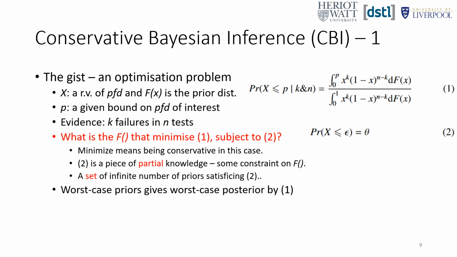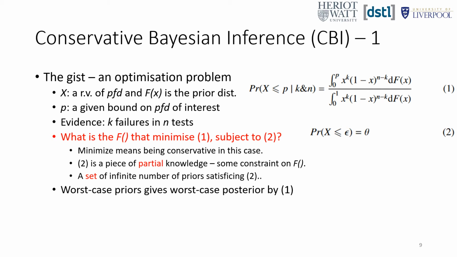To be exact, now let's have a look at the gist of CBI using a quick example. Say x is the random variable representing the unknown PFD, and f(x) is the prior distribution of this unknown PFD, and P is a given upper bound on the PFD. That is, our PFD cannot be worse than this upper bound. Then, after seeing k failures in n tests, we can simply write down the objective function as equation 1 by the Bayes theorem.